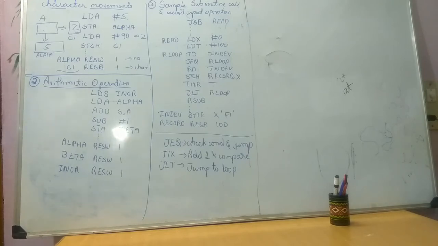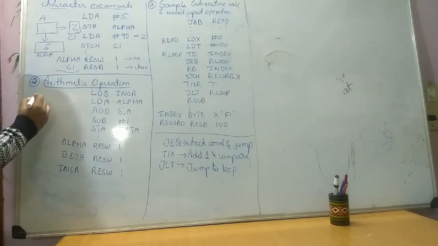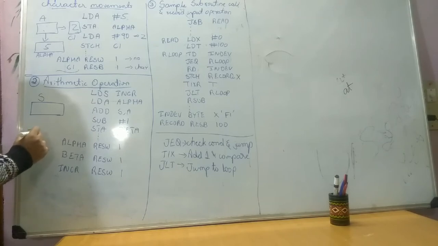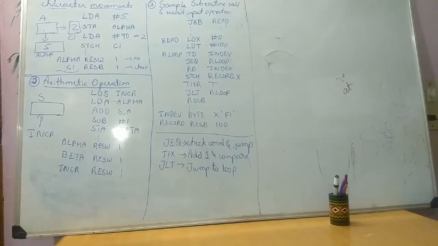Continuing, arithmetic operation, load. So here load the value of INCR into register S. We have seen there is a register S. Whatever the value is there in INCR, that will be loaded to the register.